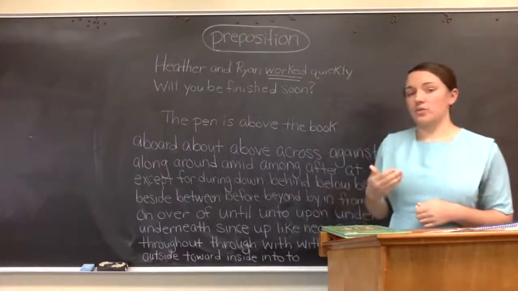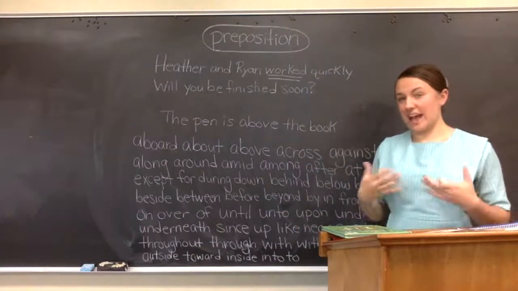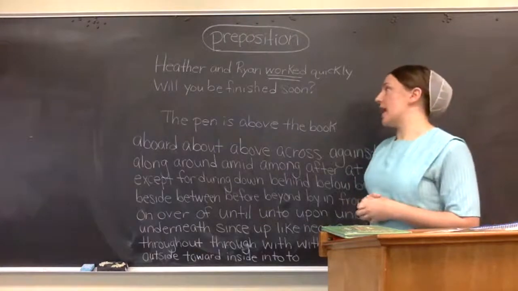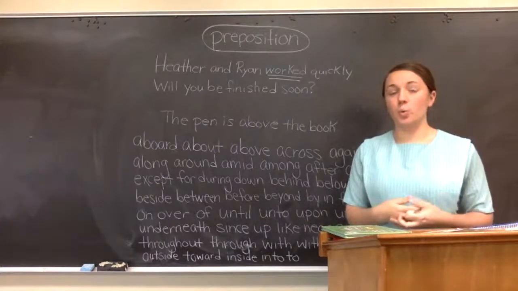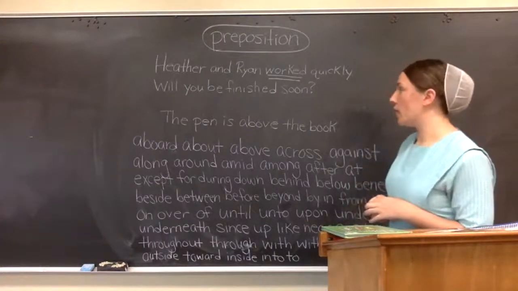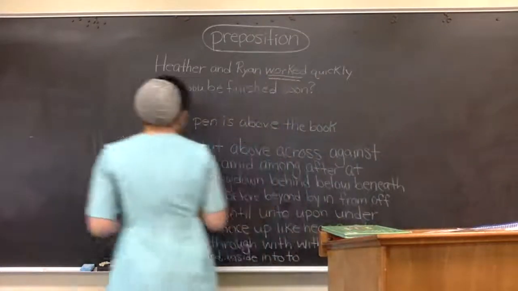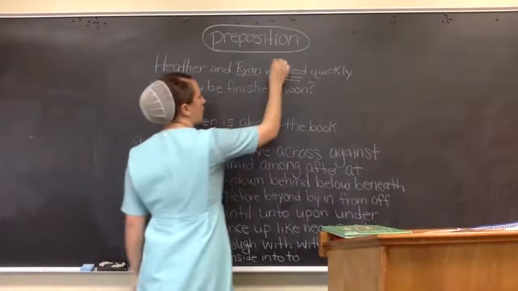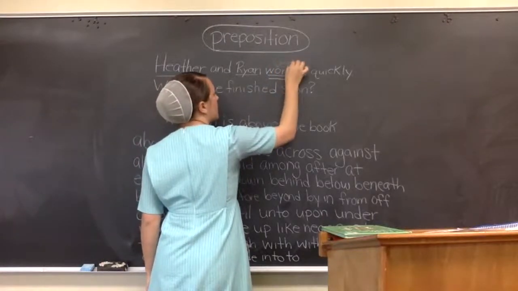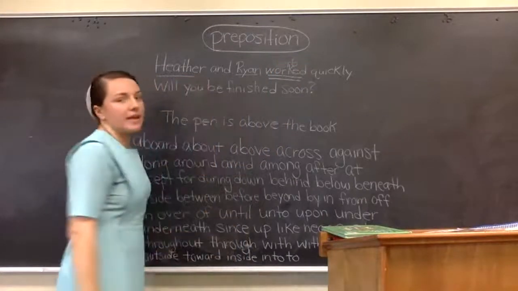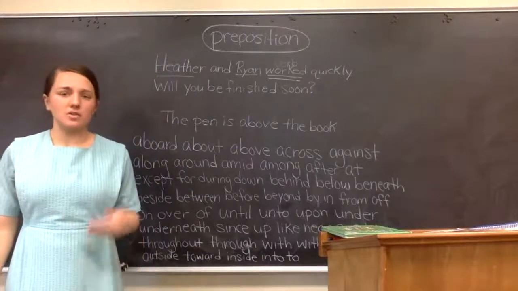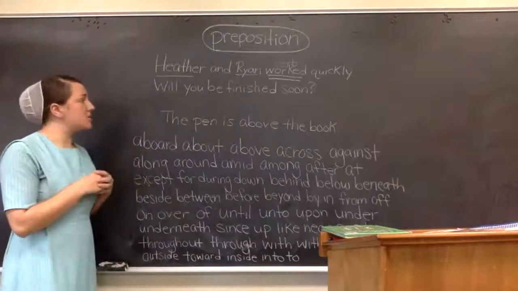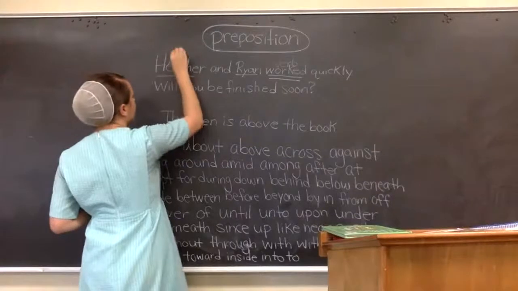Next, to figure out what our subject is or what our nouns are, we're going to say who or what worked? So obviously here, Heather and Ryan worked. Let's just write here that this was a verb, and now we have Heather and Ryan are our subjects. So those would also be our noun. The part of speech that they are is a noun.